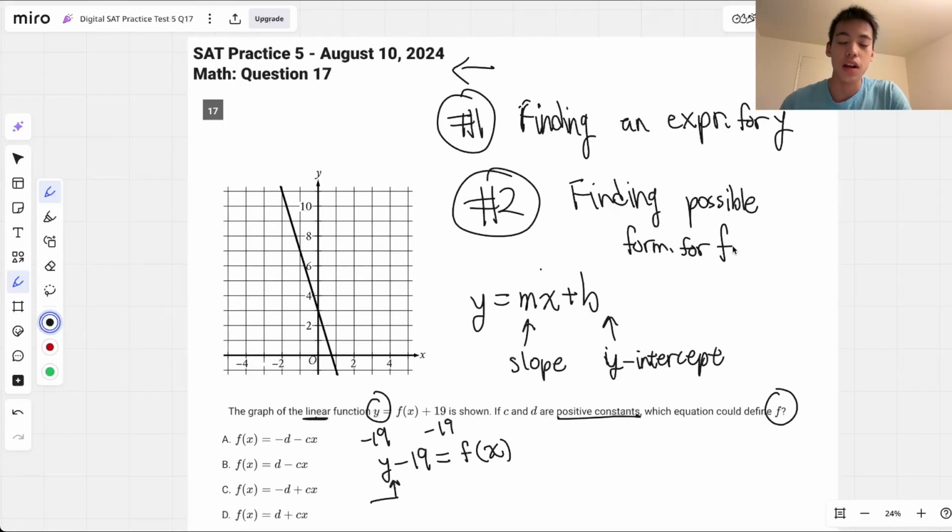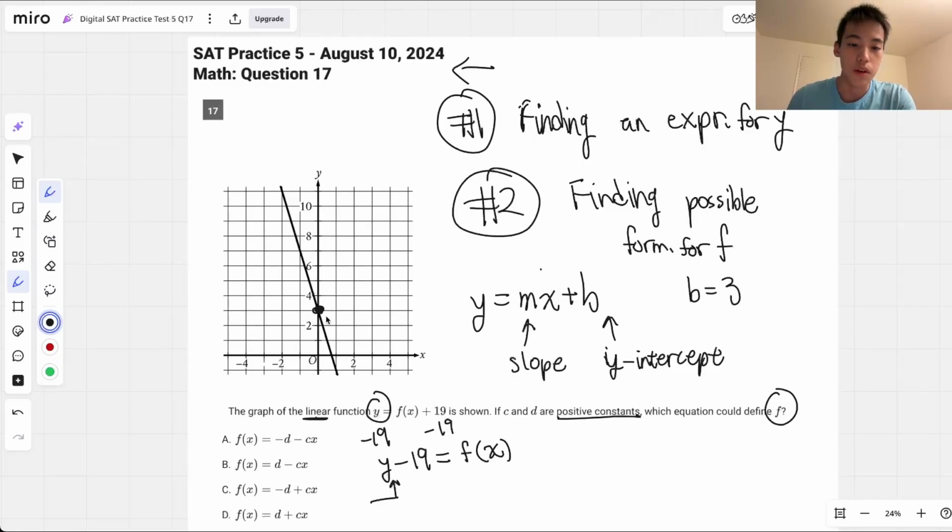What's interesting here is that you could find the equation of a line using point slope form, but for me, my personal preference is just the slope intercept form, because here we can easily find the intercept, which is 3. So I'm just going to write b equals 3. And then we could also find a slope.